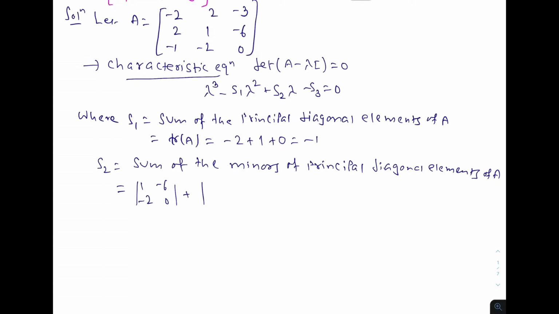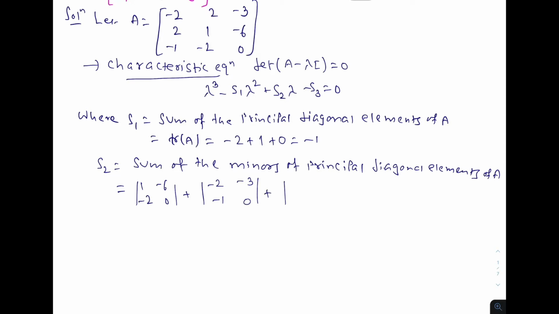Plus the minor of this 1: we don't need the second row and second column, and we write the determinant having these four elements, that is -2, -3, -1 and 0.